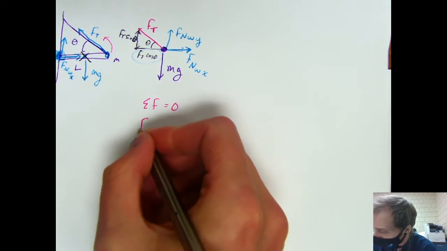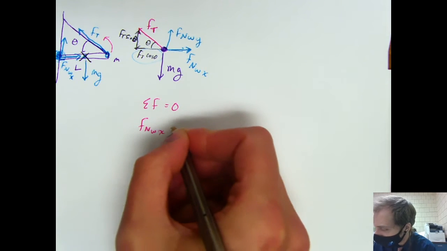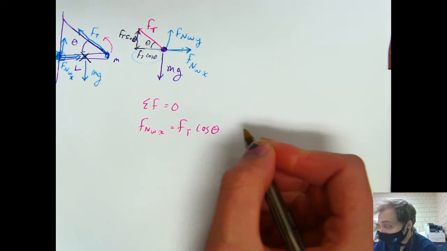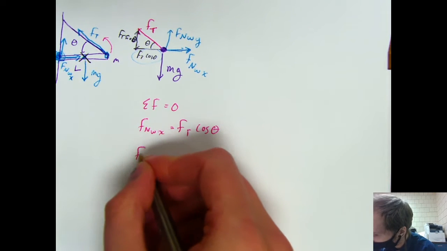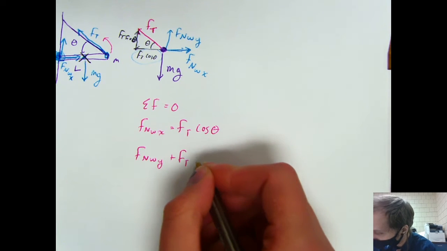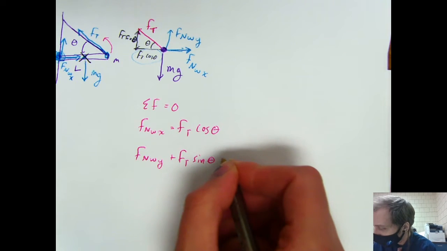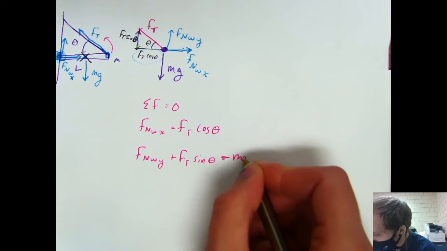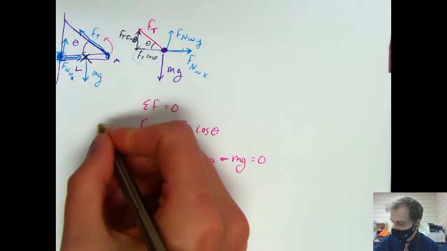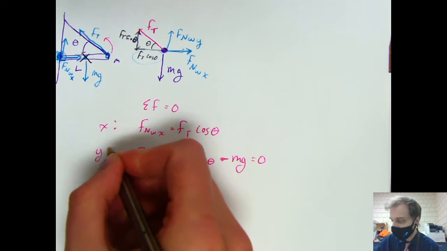That means that our normal force from the wall in the x direction needs to be balanced with the force of tension times the cosine of theta. And we know that the normal force from the wall in the y direction plus the force of tension times the sine of theta minus the force of gravity needs to be balanced as well. So this is our setup for our x, this is our setup for our y.